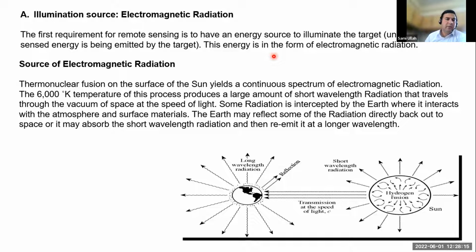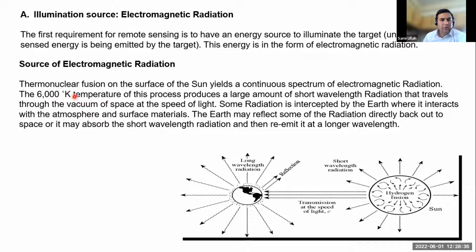This is also the same thing. For example, the passive satellites only work during the sunlight. So we need an energy source, which is the sun, which emits electromagnetic radiation.